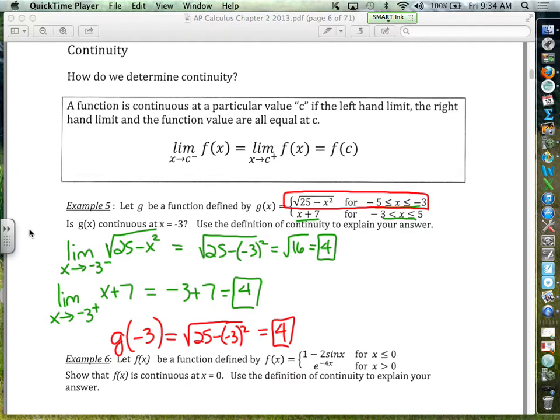Now here's the tricky part. We've got to explain our answer, and you need to write this in complete sentences without abbreviating certain things.